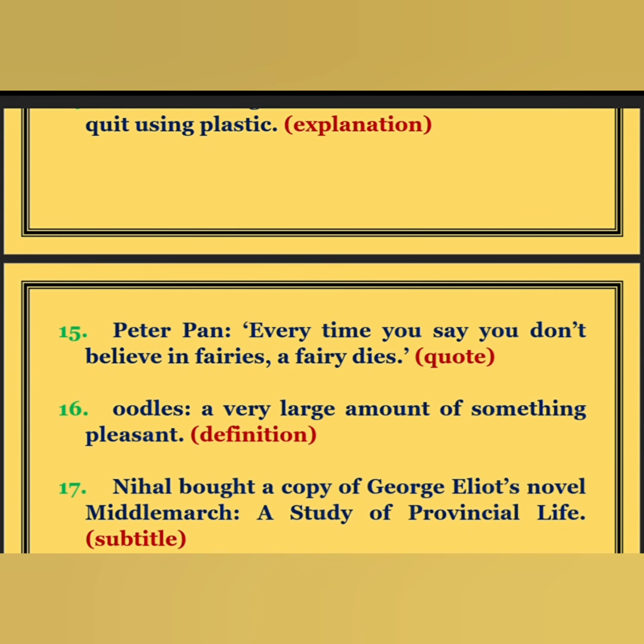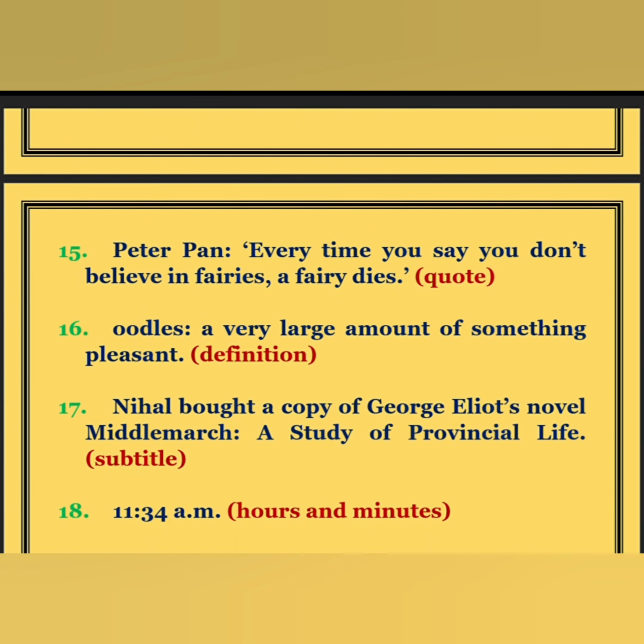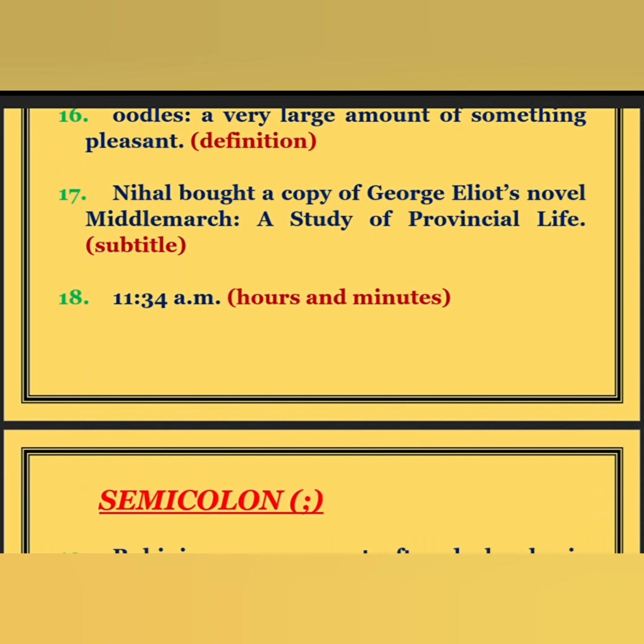Then, Nihal bought a copy of George Eliot's novel Middlemarch: A Study of Provincial Life. This is the subtitle. Then while we are using it to write the time for hours and minutes, like 11:34 a.m.